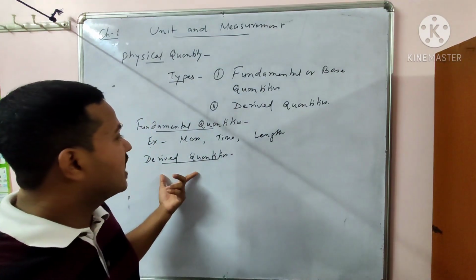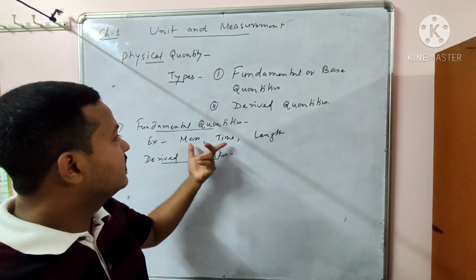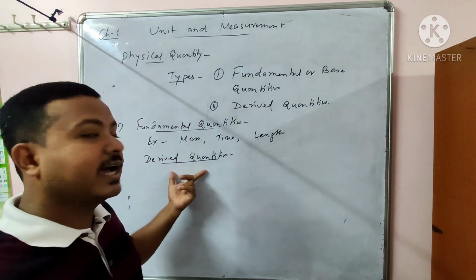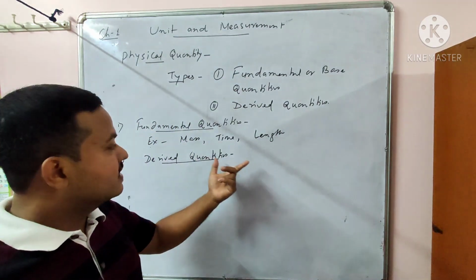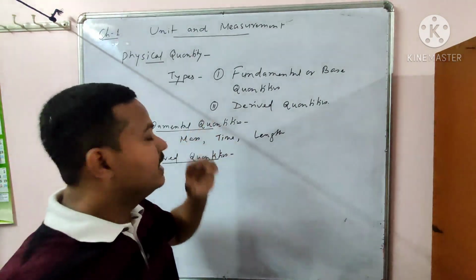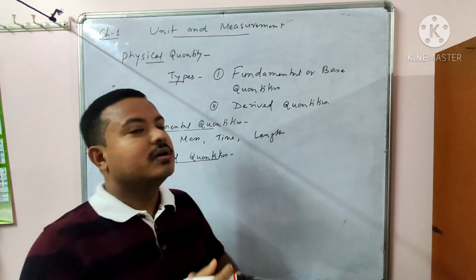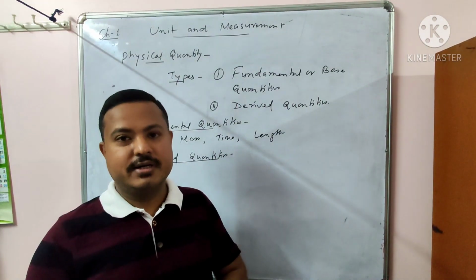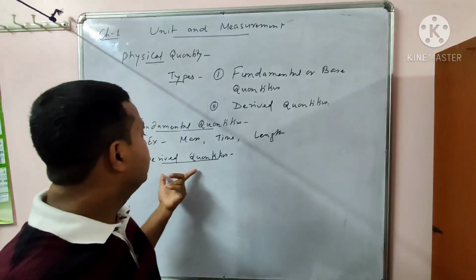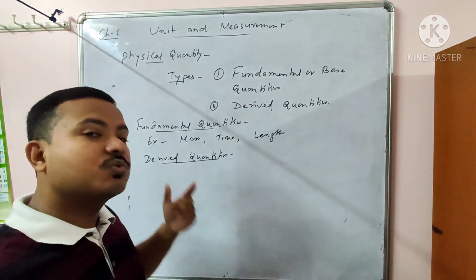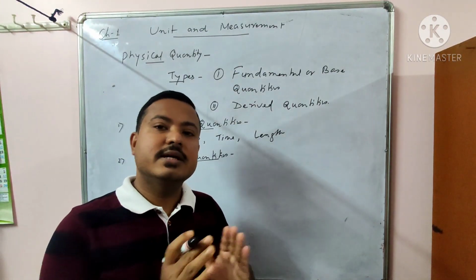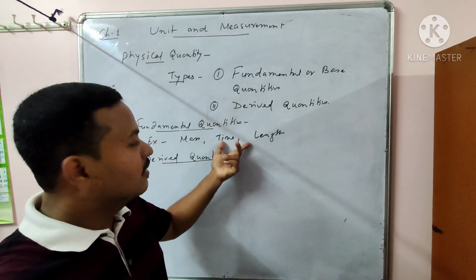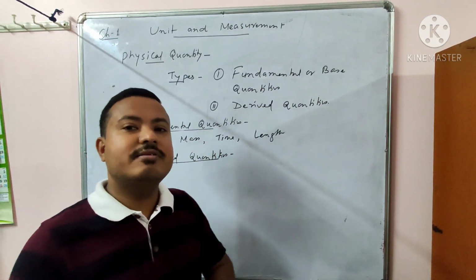They can be derived in terms of the fundamental quantities, or you can say the quantities which can be expressed as a product of the fundamental quantities, or obtained by multiplying or dividing the fundamental quantities. These are called derived quantities. That means these quantities cannot be measured independently. By multiplying or dividing the fundamental quantities, we get the derived quantities.